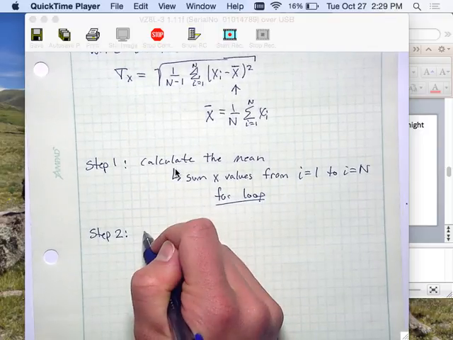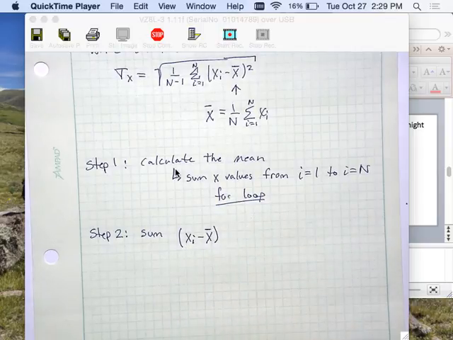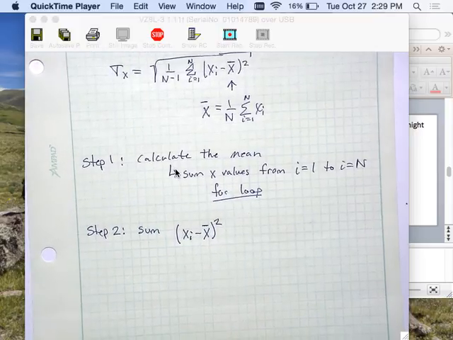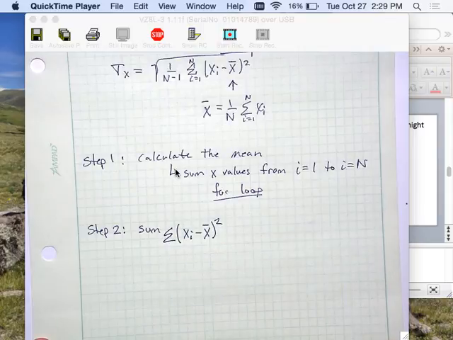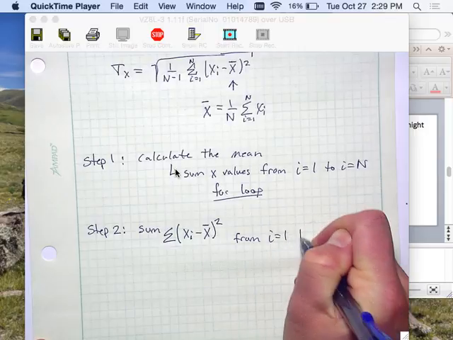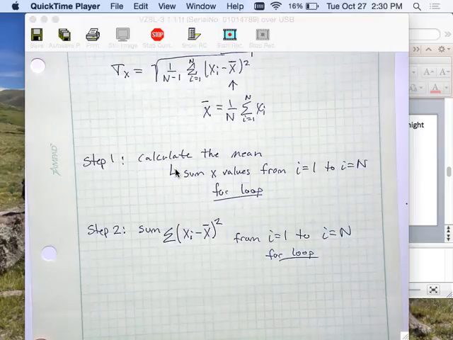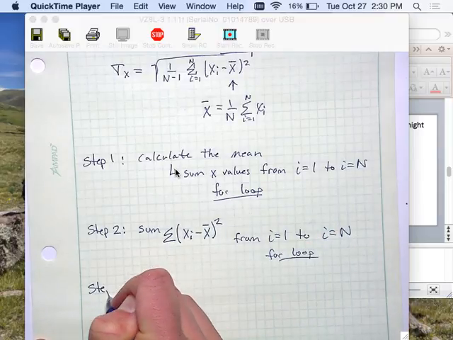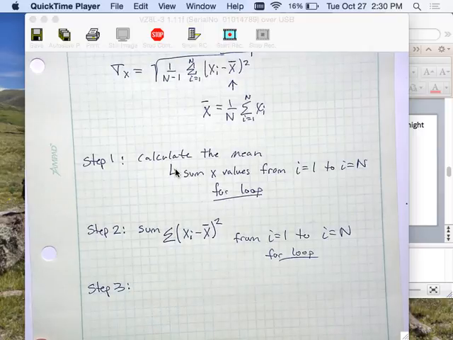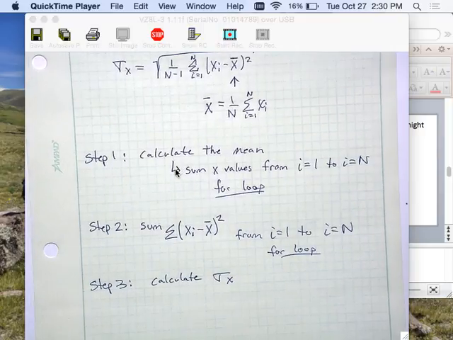We'll do xi minus x bar, squared. And again, we're going to do from i equals 1 to i equals n. So we'll keep this note here. Maybe we'd use a for loop again. And so now, step 3, we want to calculate sigma x, and we should have all the parts ready, that we can just write it out.